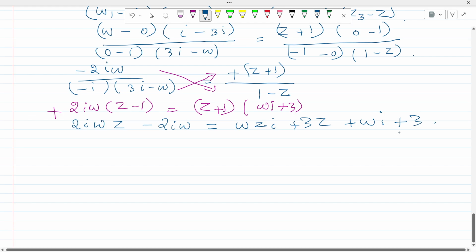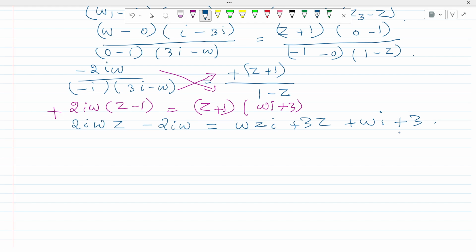How to simplify this? Keep the w one side and the z the other side. That means 2i is a w z, i is there, then i z one time, and then minus 2i plus wi is there. Keep it to that side, minus 3iw. Remaining things are 3, take it outside, z plus 1.